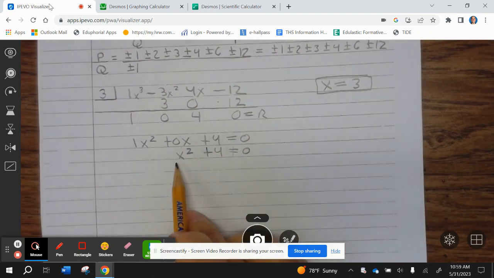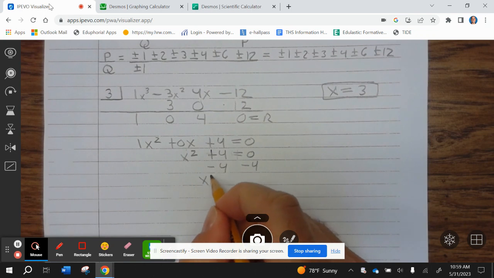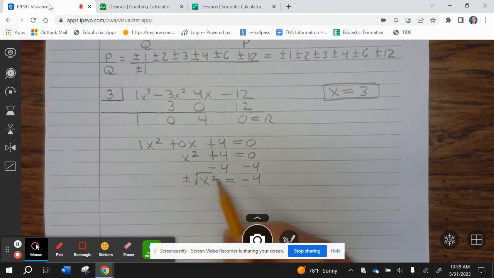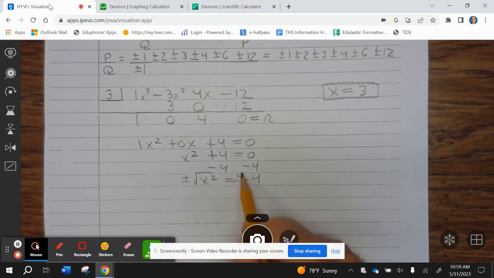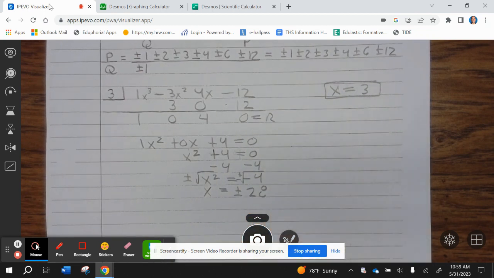Now we're going to solve for x. So we're going to subtract 4 from both sides. We get x squared equals -4. We're going to take the square root of both sides. Remember, square root is plus or minus. Now, the square root of -4 is 2i. So that's plus or minus 2i.